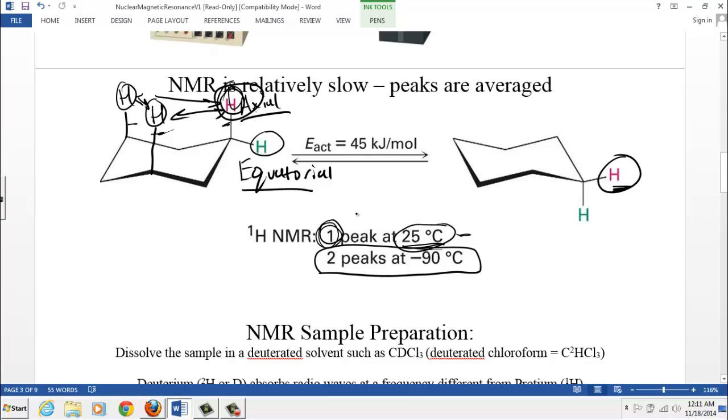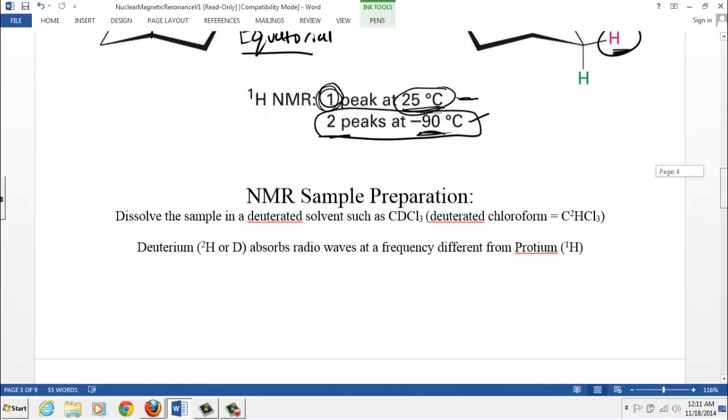It's an average of the two. But if you cool the molecule down so it doesn't flip very quickly, well then you can see two peaks. They're separated. And so this actually gives you some interesting kinetic information. And from this temperature information, the fact that you see two peaks, you can actually get some interesting information, such as the activation energy for the chair flip. Okay, so the chem majors, take note, that's something interesting you might see in an advanced course.